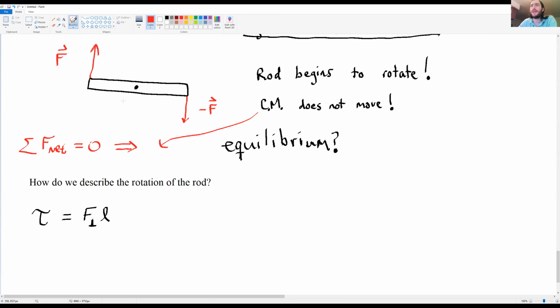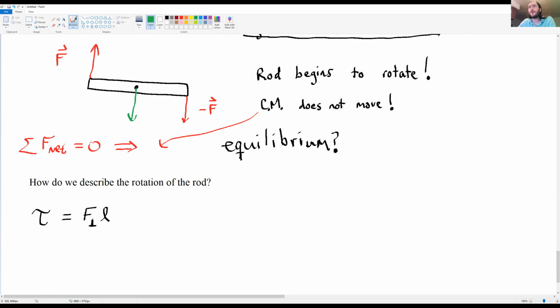If I applied a force directly through the center of mass of this object, then the lever arm would be 0, and this object would simply translate. It would not rotate. So for the green force here, there would only be translation, there would be no rotation.